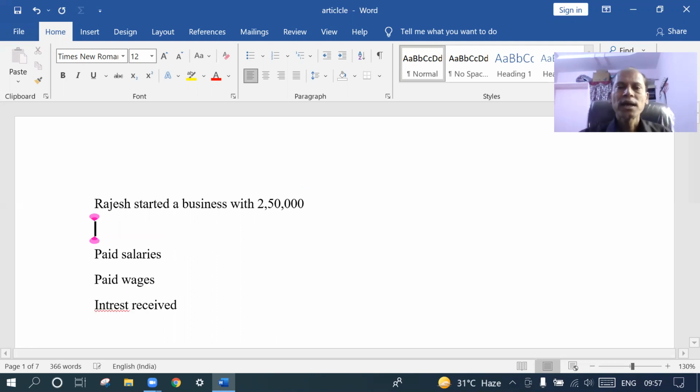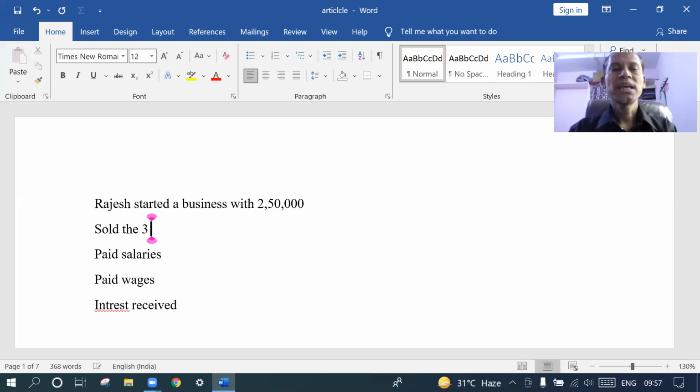Before going to that, another transaction is also to be created, that is, sold the 3 computers. First we take purchases. Purchased 3 computers, 60,000.